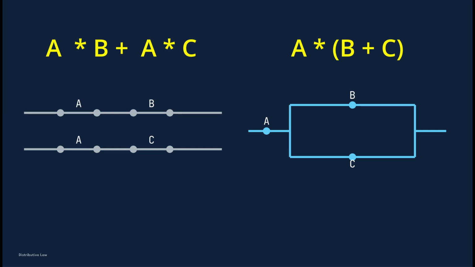The simplified circuit uses only one A switch in series with the parallel combination of B and C. In this way, Boolean algebra lets us simplify the circuit and eliminate one of the A switches.